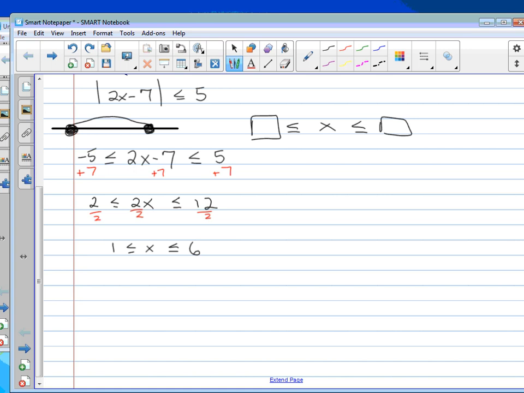So now we know that we can put 1 and 6 on the number line, and it's everybody in between. Over here, I know that that's 1 and 6. And if I wanted to make it set notation, all I would have to do is put a little x such that with a little squiggly bracket in front.